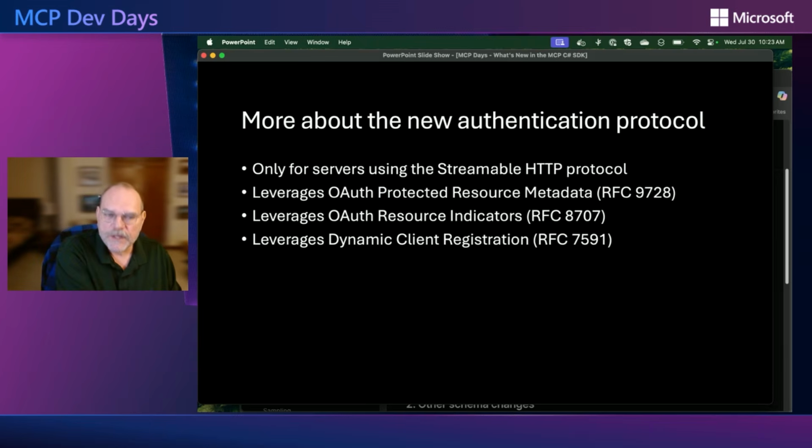And that actually points to an authentication server that will provide the tokens in order to authenticate. There's also resource indicators, and that's a way of including in the access token information about what resources are being accessed. And this is just an extra protection to make sure that there's no token spoofing going on when you're getting a token from that authentication server and then passing it back to the MCP server.